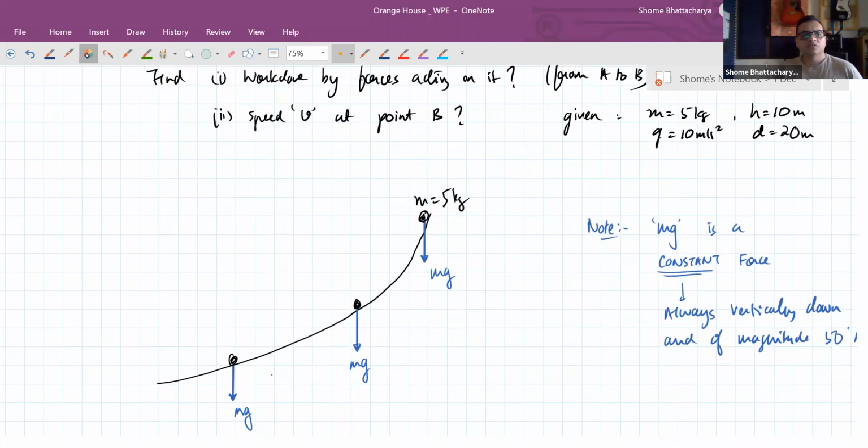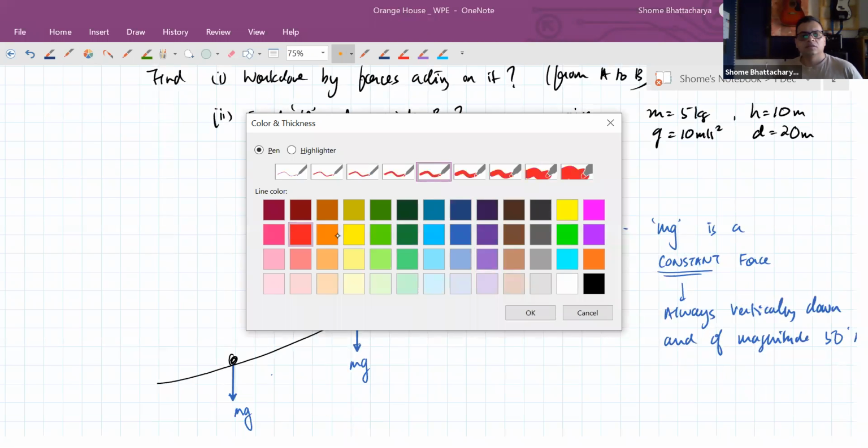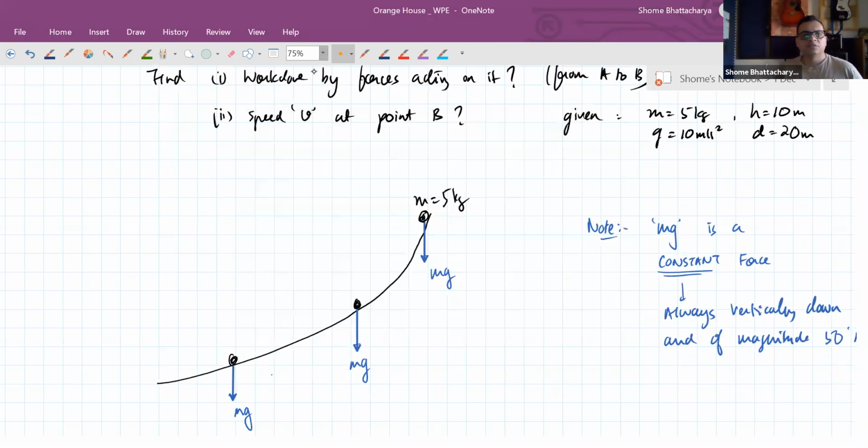Now the normal reaction, on the other hand, what it does, it's a variable force, okay. So it is always changing direction. It's like this over here, like this over here, a little bit more like this over here.